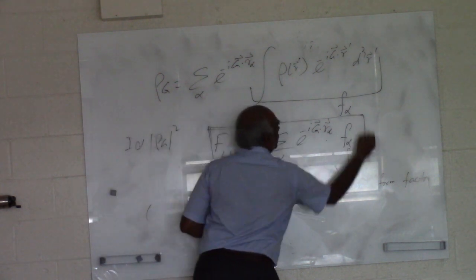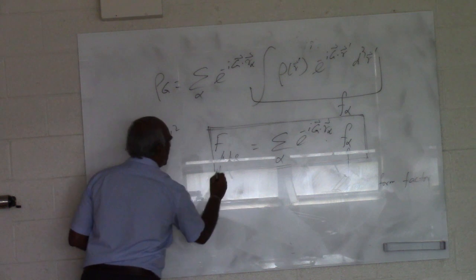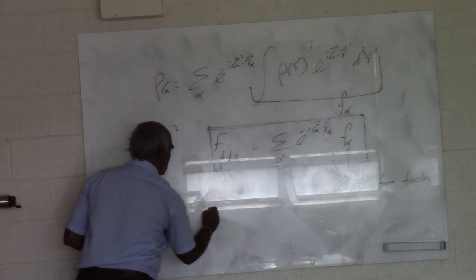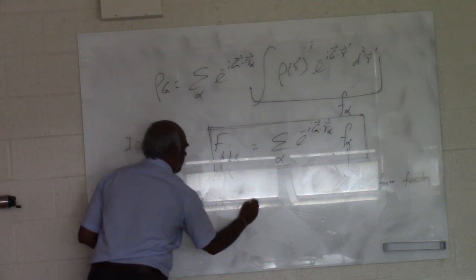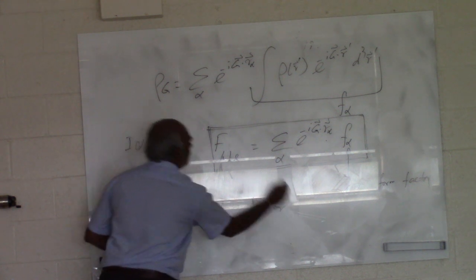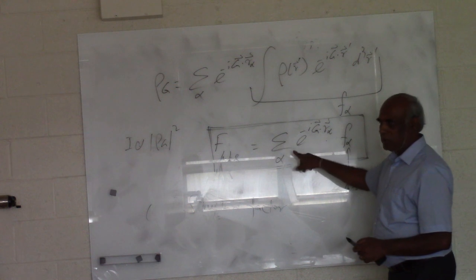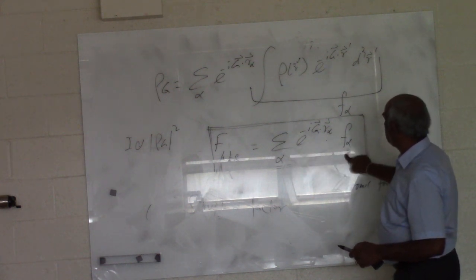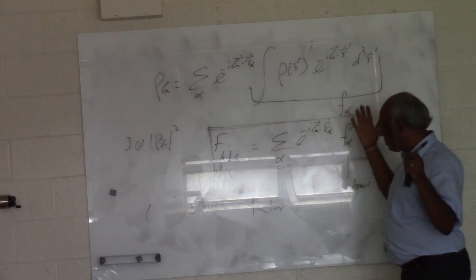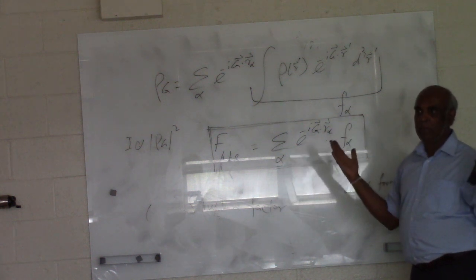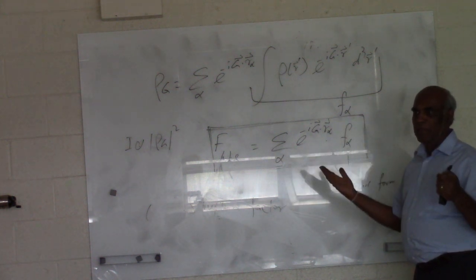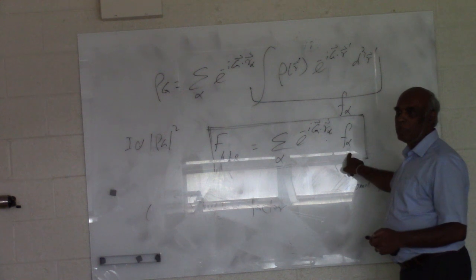This whole thing is called the structure factor. So what is this? This is basically the number of atoms in the basis, right? So this tells you each atom. Suppose you have carbon atoms, like diamond, right? So you have 8 carbon atoms, they all have the same F.